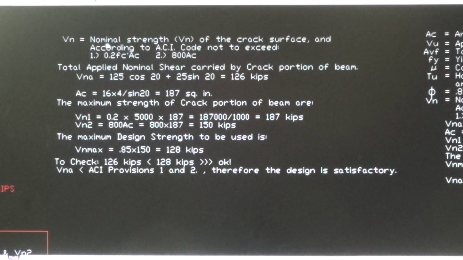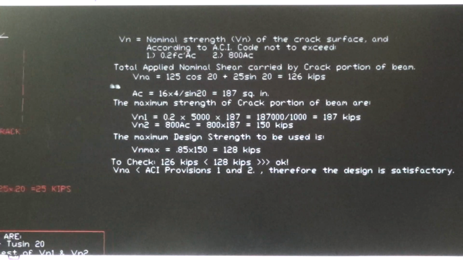The VN is the nominal strength of the crack surface, and according to the ACI code, it should not exceed the 2 criteria. Number 1 criteria is 0.2 f'c times AC, and number 2 is 800 times AC. AC is the area of the crack.